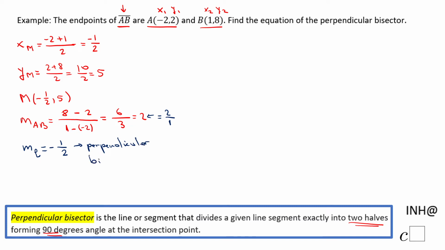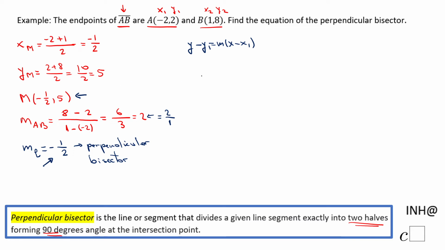And now we're going to go to the last part, where we're going to find the equation of that line. We have the slope of -1/2. We have the point. We can use y minus y1 equals m times x minus x1, or you can use the slope intercept form if you like that more.